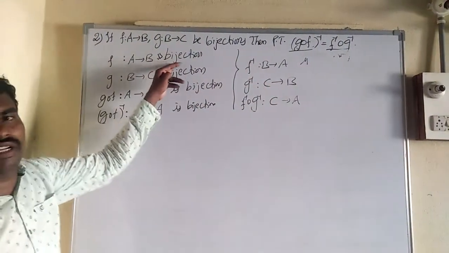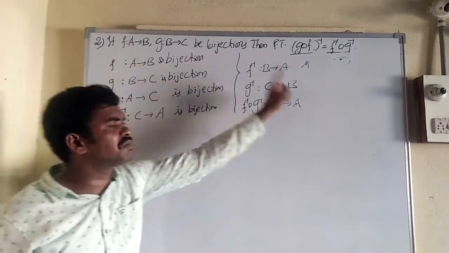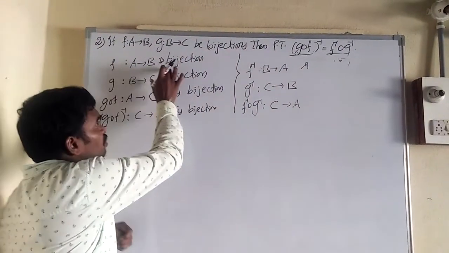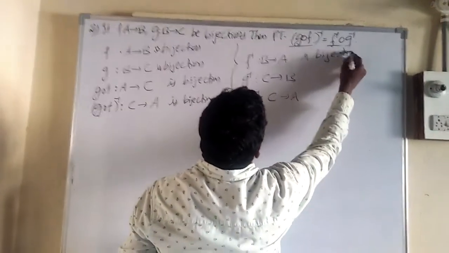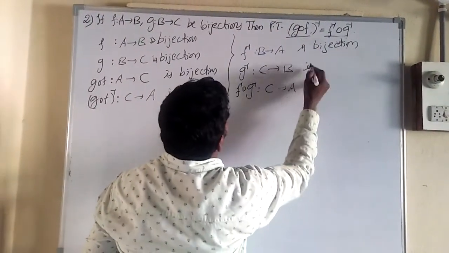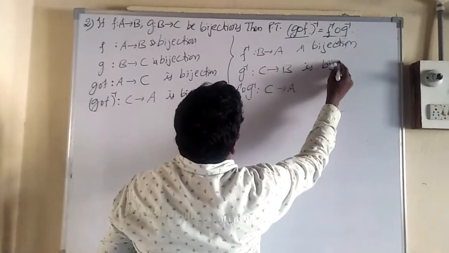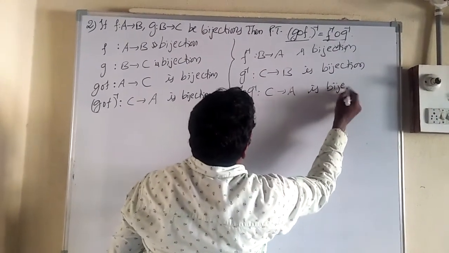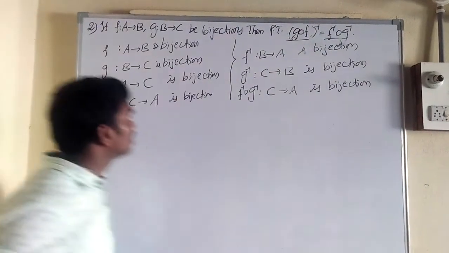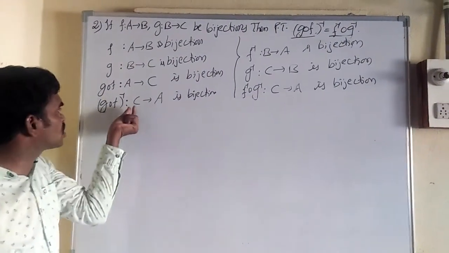Okay, what is this one? For every bijection, the inverse of that function must be a bijection. So if F: A to B is a bijection, then F inverse is also a bijection. So F inverse, B to A, is a bijection. So G inverse, C to B, is a bijection. So now tell me, in this, what is the first one called? Domain.